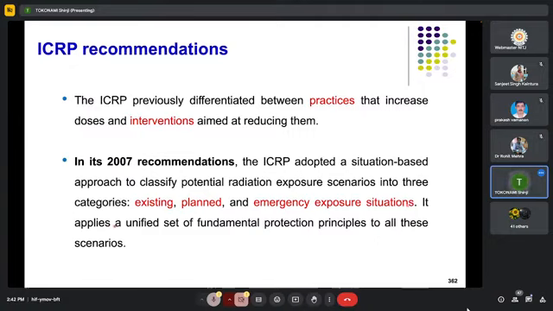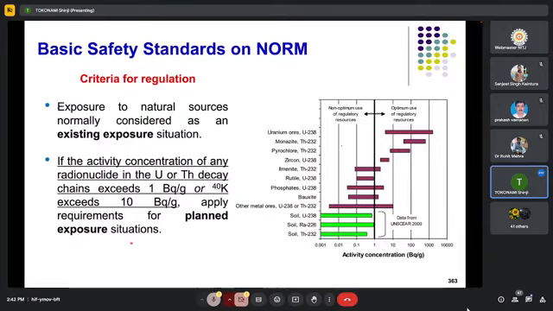It applies a unified set of fundamental protection principles to all these scenarios. Basic safety standards are known as a criteria for the regulation.